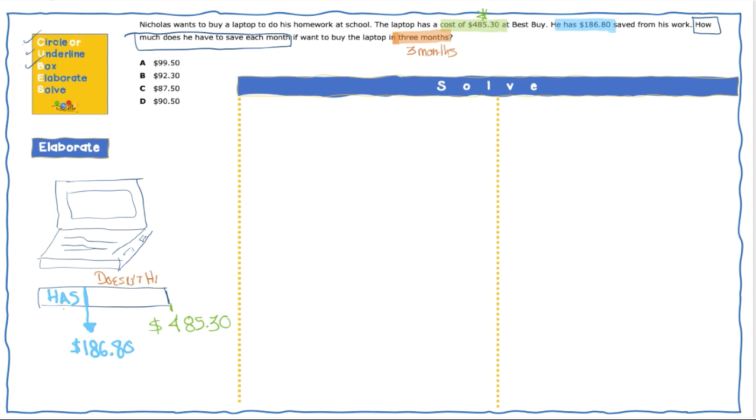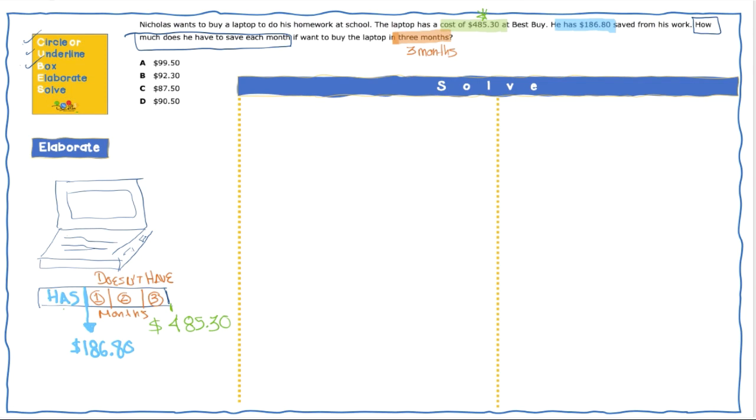They said he needs to get that money in 3 months, so I'm going to say 1, 2, 3 months. This is 1 month, 2 months, and 3 months.